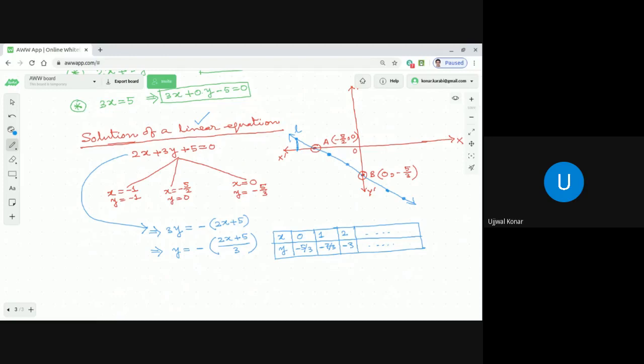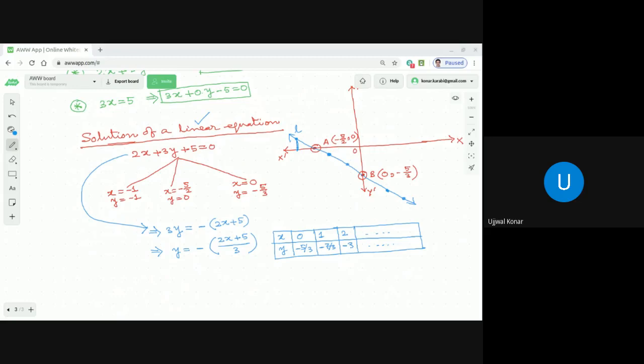So what we understood is that if only one linear equation is given to you, then you can find an infinite number of solutions. Now let's proceed: when two linear equations are given to you, what will be the case? How can you find the solution to the system of linear equations?